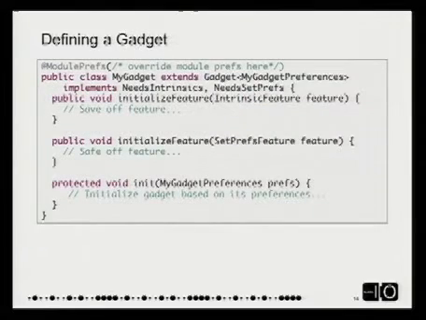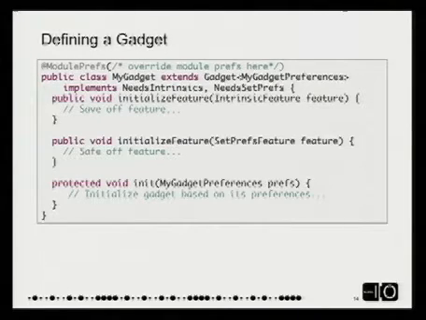And then with that, you are able to actually define a gadget. This is what I was talking about, where you have a gadget that extends the gadget type that we have provided as part of GWT. That expresses that the gadget has my gadget preferences. Then for every feature that it needs from the gadget container, it implements one of these needs interfaces that I had mentioned earlier.